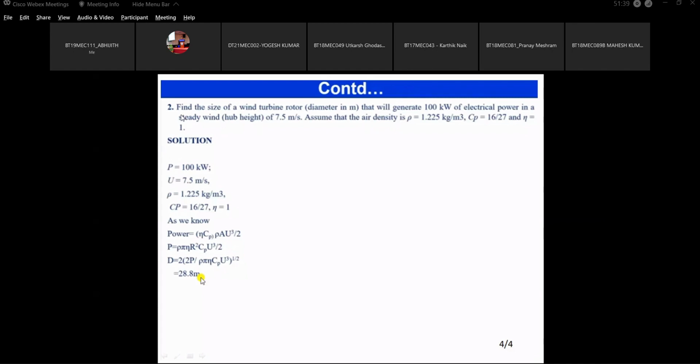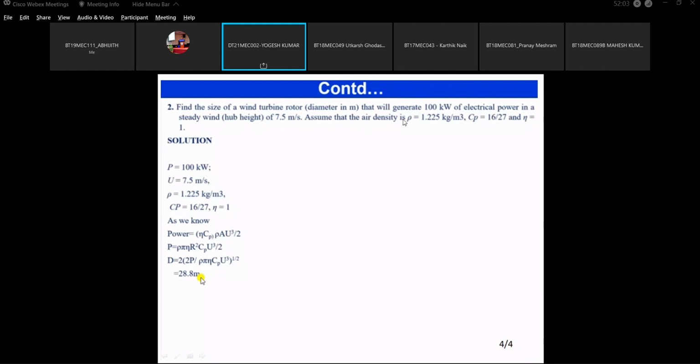So in this question, we have to find the size of the wind turbine rotor, that is diameter in meter. And it is given that the turbine generates 100 kilowatt of electrical power in a steady wind of 7.5 meter per second. So free stream velocity is 7.5 meter per second.